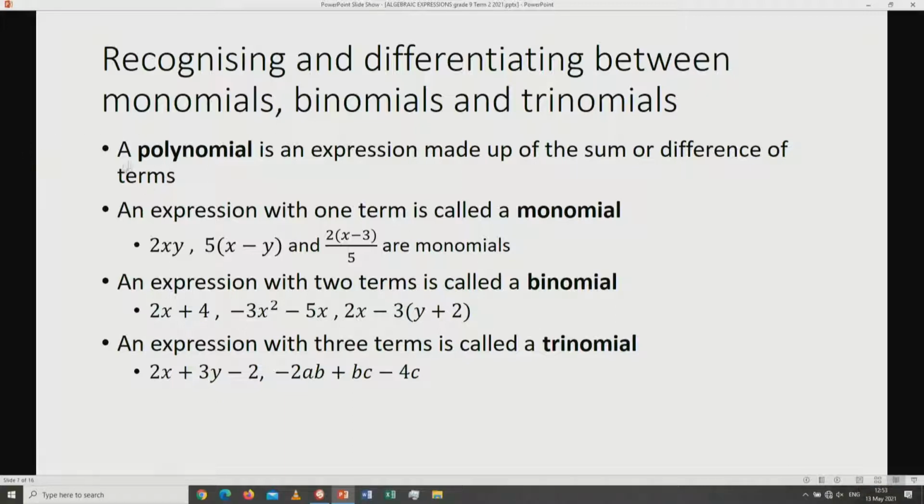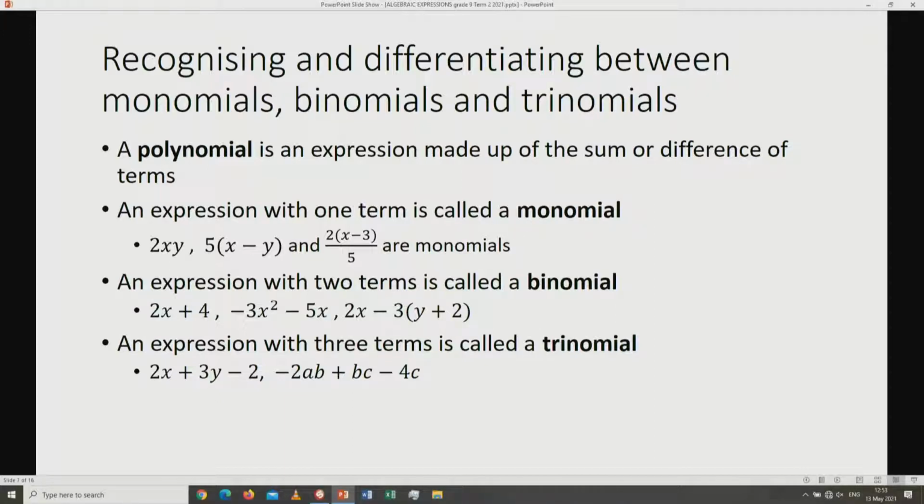It is going to fall under what we call a polynomial. But an algebraic expression with one term, we call a monomial.